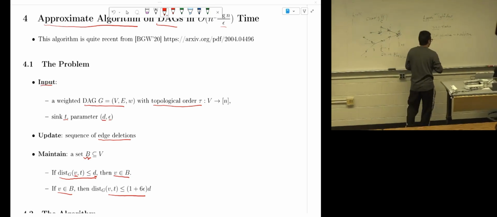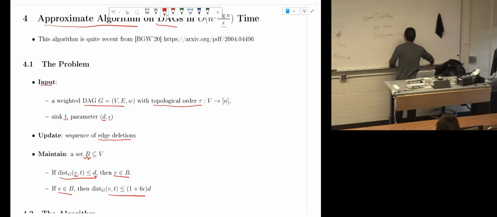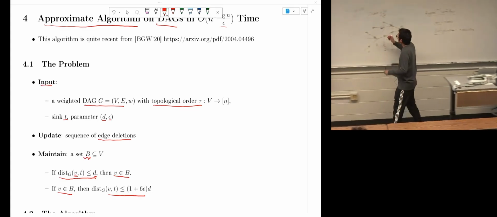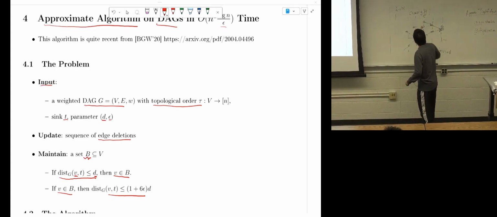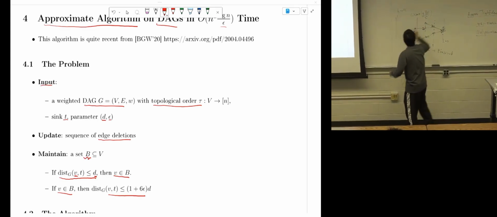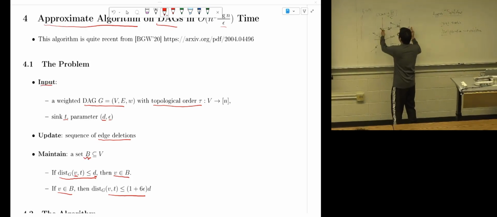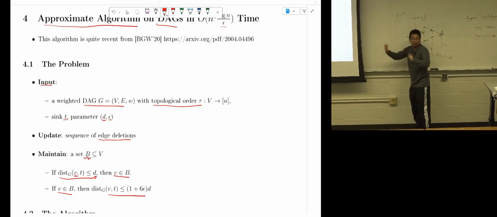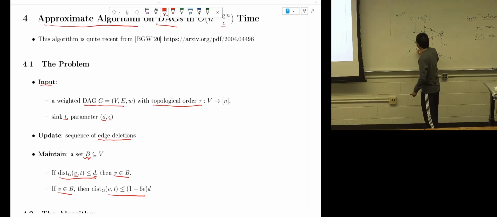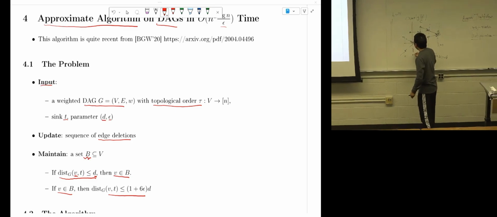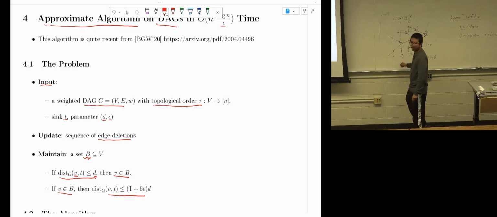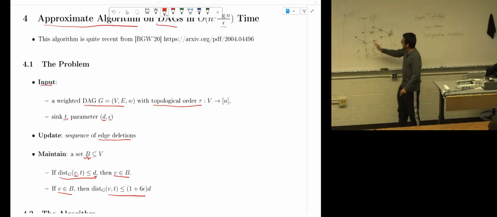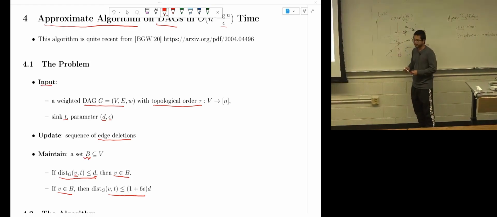We just be more coarse-grained and say let's make every node jump the level by a larger multiple, and this multiple is going to be something like epsilon d over n. So it's more coarse-grained.